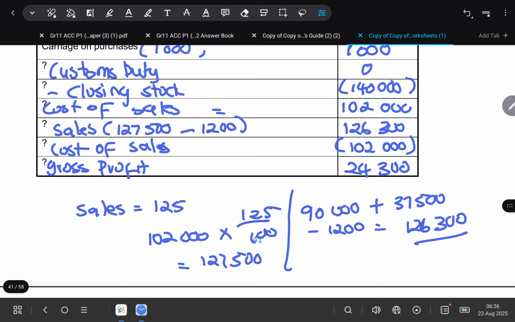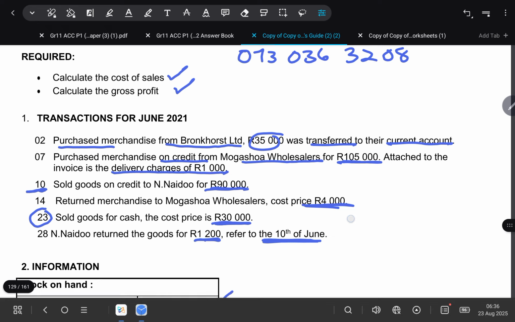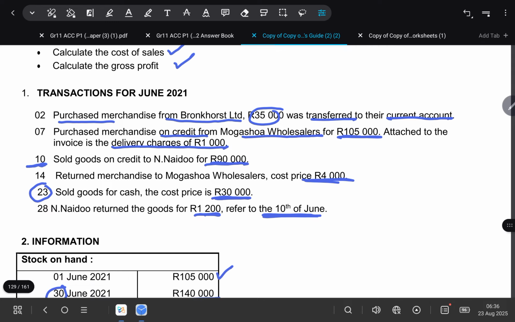Then I subtract the return, because remember, the cost of goods sold gives me what I anticipate to have sold. But the return of 1,200 was not included in that. They didn't take it into consideration in the sales, because you were not given the sales. So that's why you have to do it like that.